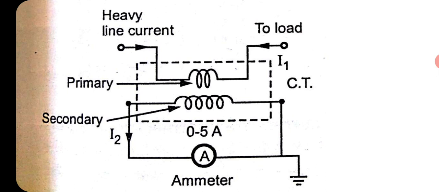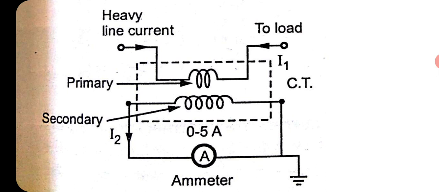The secondary winding is at the bottom, in which current I2 is flowing. For the current I2, you can see there is an ammeter connected whose range is 0 to 5 amperes. It means this ammeter on the secondary side can measure only up to 5 amperes.